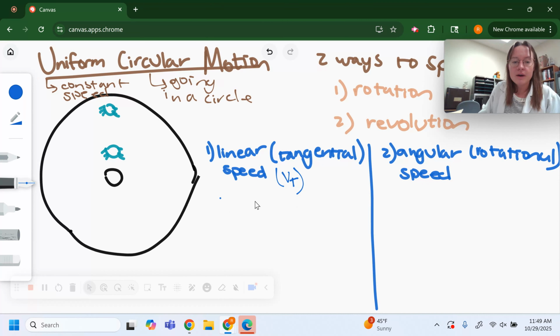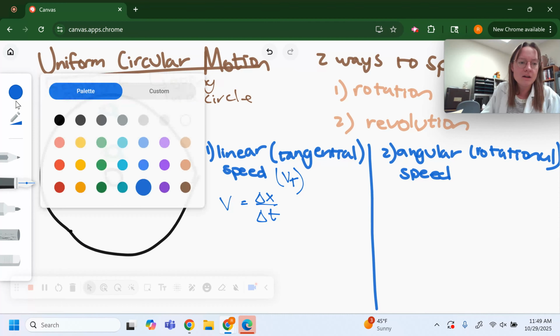You know from days of old that your average speed is equal to your delta x over your delta t. Well, these bugs are both going a certain distance, and they're traveling that distance in a certain amount of time. But we can be more specific when they're going in a circle.